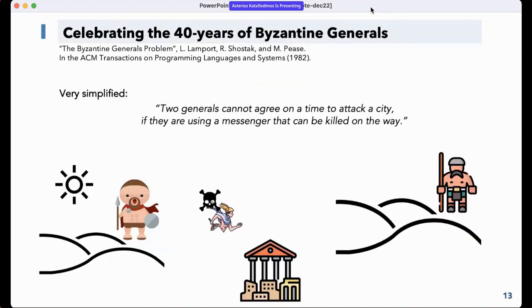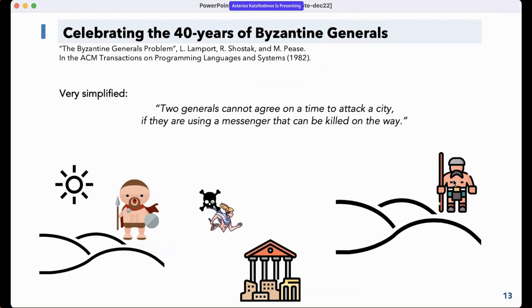Now, before we start, there is an impossibility in distributed systems. If you remember the two generals problem, it tells you something very simple. Two generals are using a messenger to cross the valley and go back to the mountain to the other general.